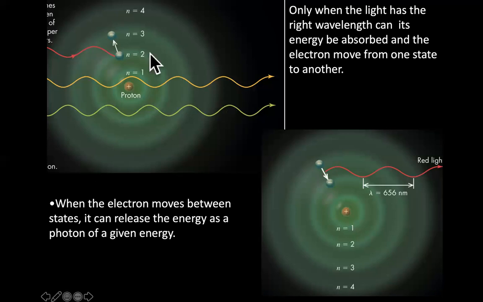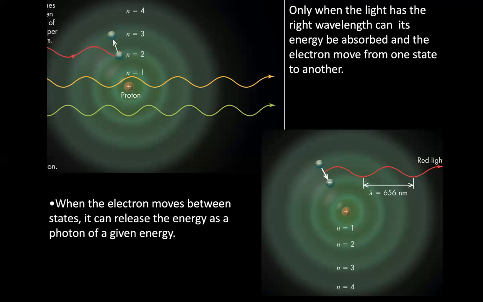Similarly, when something is in one of these states and transitions to another state, it can release energy, but it releases a definite amount of energy that has a very specific wavelength. So when the electronic configuration changes, it only releases light at certain wavelengths.